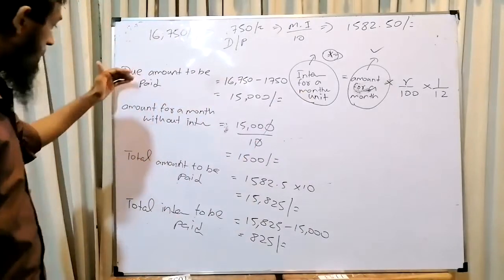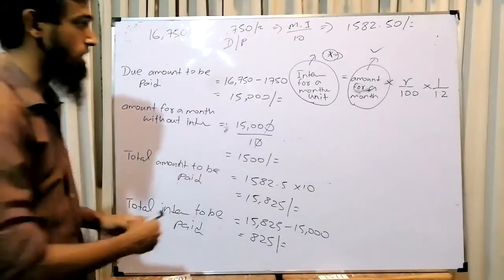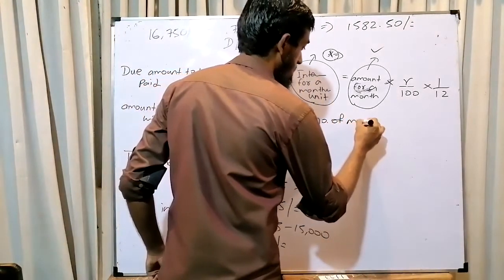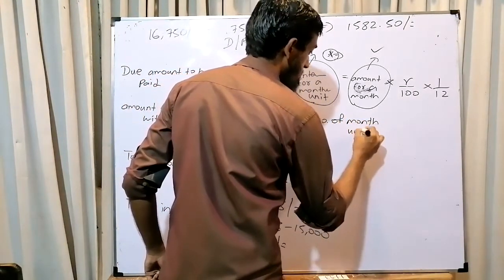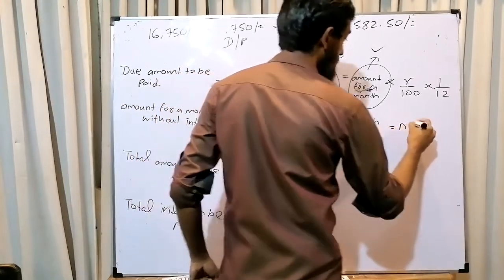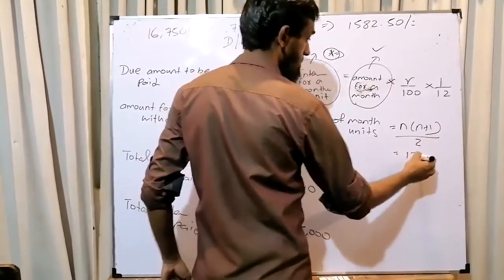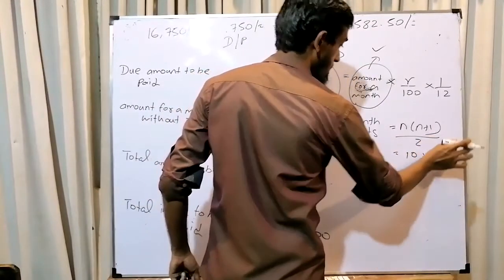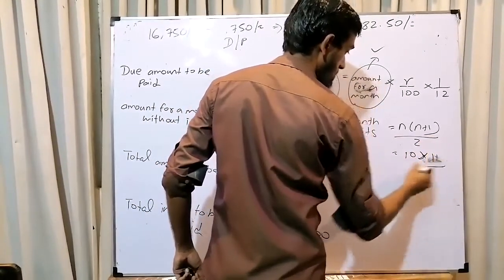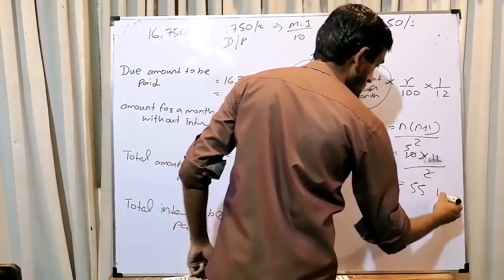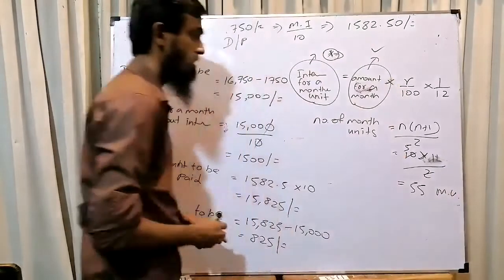1, 2, 3, 4, the fifth part, number of month units. So the equation is n into n plus 1 over 2, n is 10. So 10 into 11 over 2. So it's 55 month units.